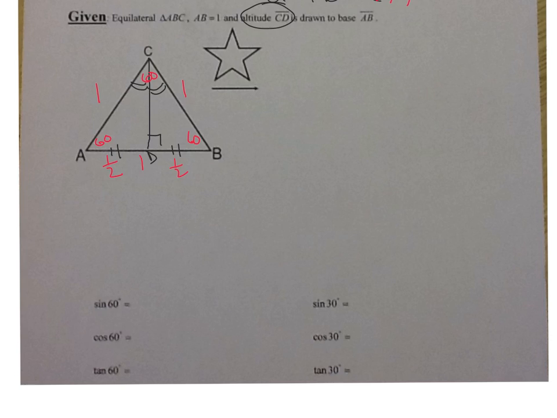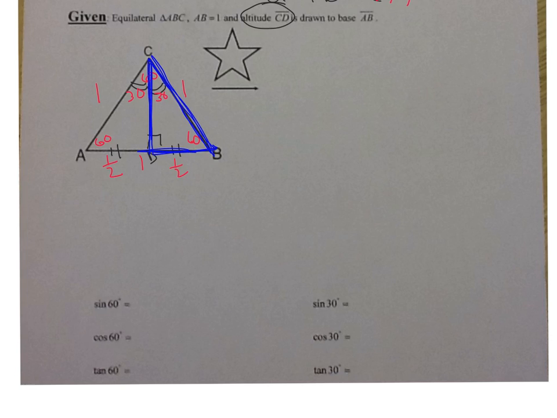So if it's an angle bisector, that means this angle is 30 and this angle is 30. So what we're going to look at is just one piece of this equilateral triangle. I'm going to look at one of the right triangles. It doesn't matter which one; we could look at the right one or the left one.